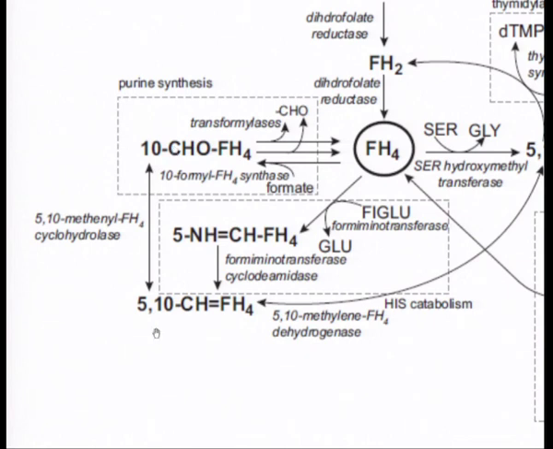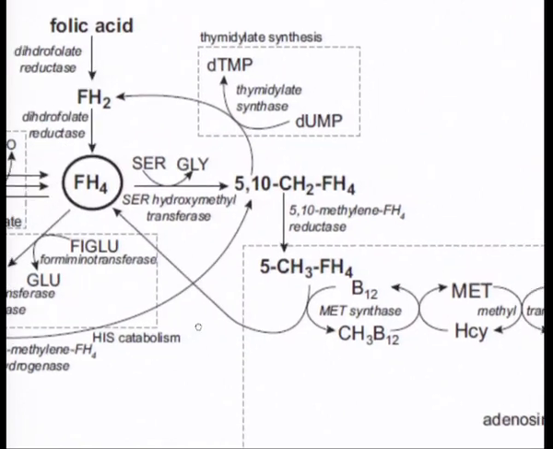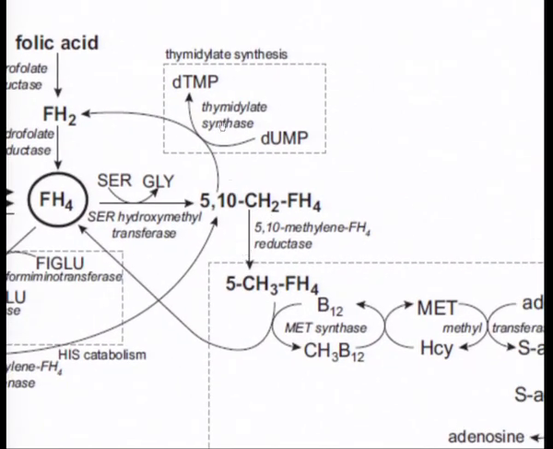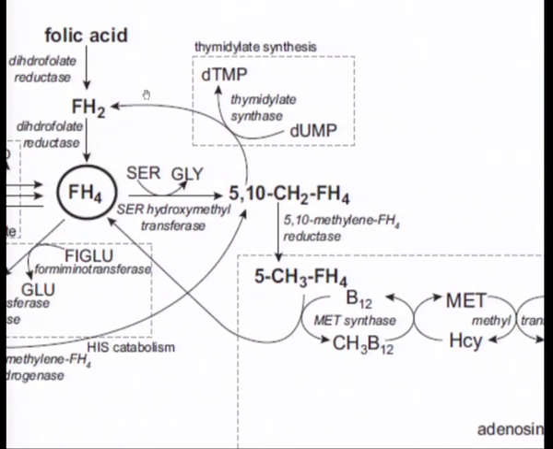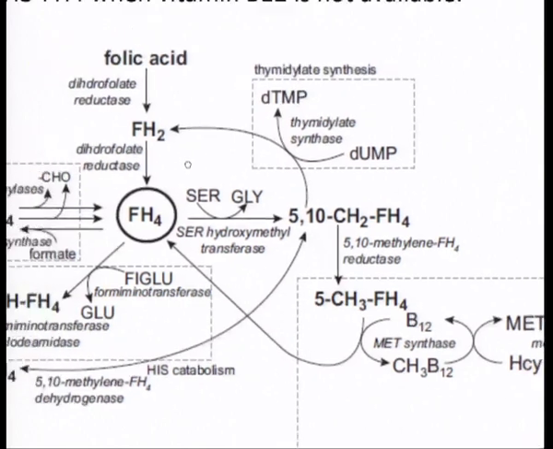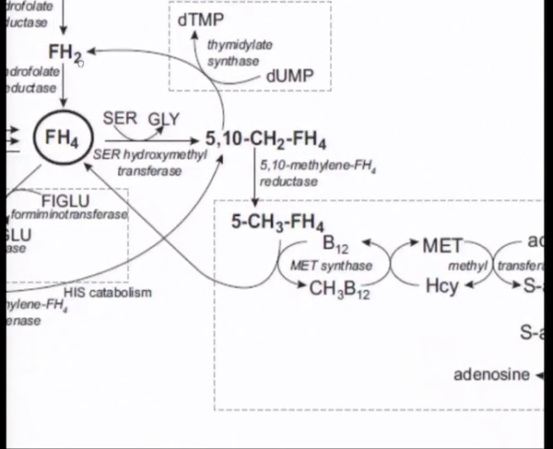There is a kind of rapid back and forth reaction, and at this end the dihydrofolate gets converted into 5,10-methylene tetrahydrofolate. In this reaction, dUMP gets converted to dTMP, thymidylate synthesis. Thymidylate synthesis is again a key when you are looking at nucleic acid metabolism.